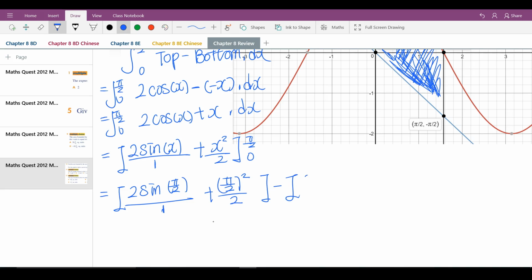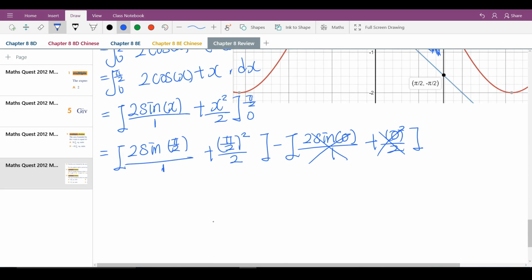Minus 2 sine 0 over 1 plus 0 squared over 2. Now, sine 0 is 0. So that makes the whole thing 0. And that makes the whole thing 0. So it's like a boom, boom, boom. Okay. And this is what we are left with in this first bracket here.